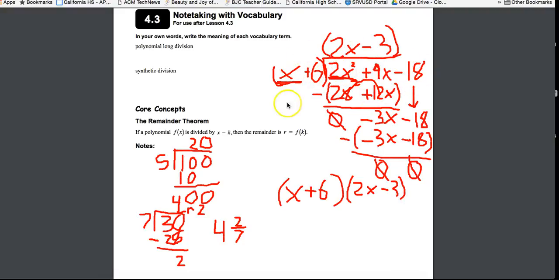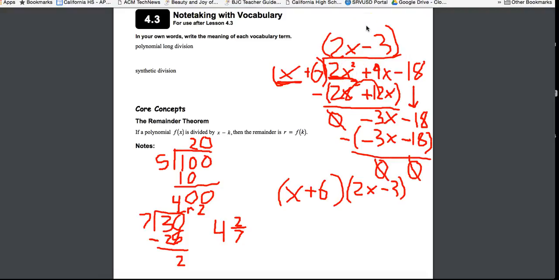So your divisor times your quotient should give you the dividend. Now, that is just an easy example. This was a trinomial divided by a binomial, and it went in perfectly with no remainder. So we got this nice even answer here.